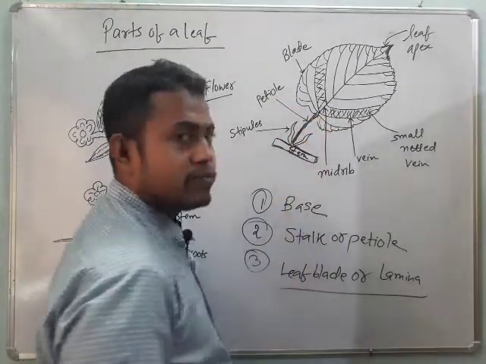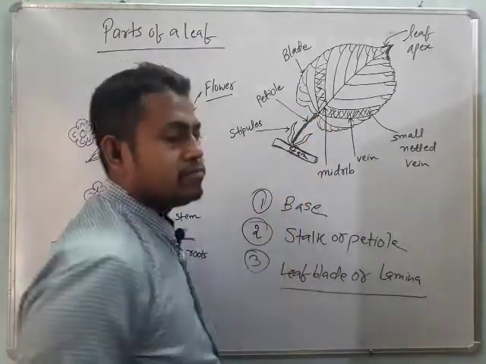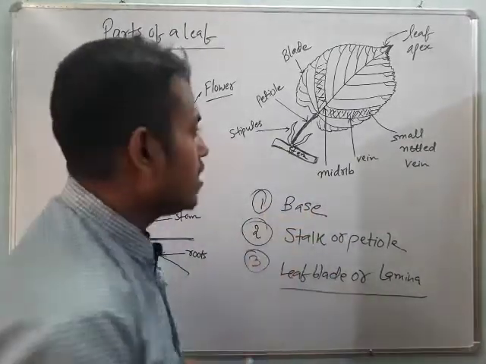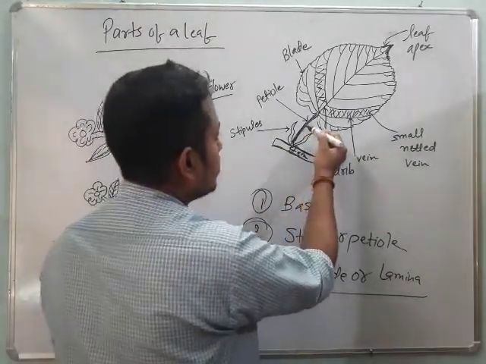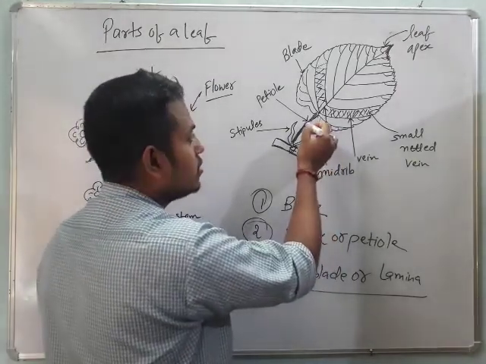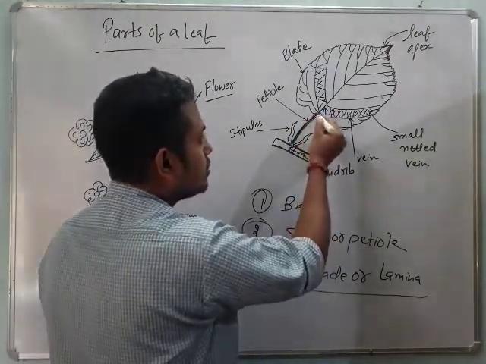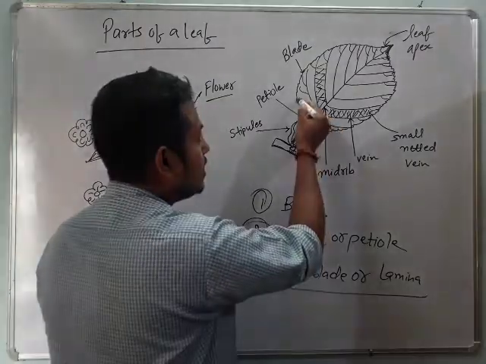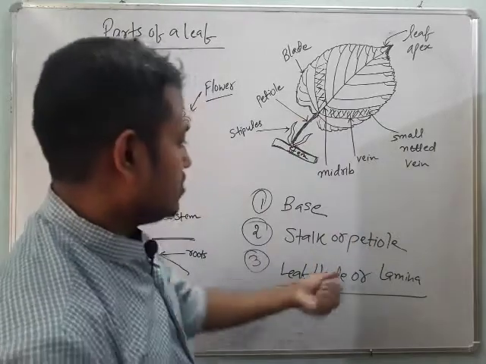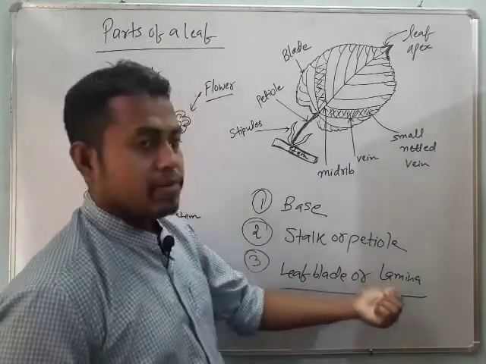What is the work of this? In this petiole or stalk there is no work. This stalk or petiole is a thin section which is joined to the leaf blade, or you can say lamina.